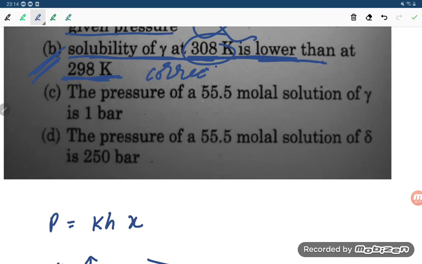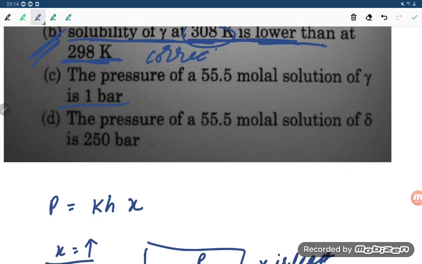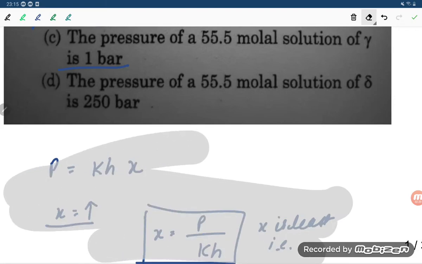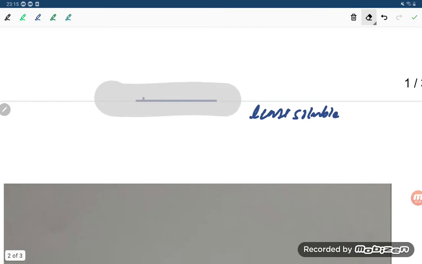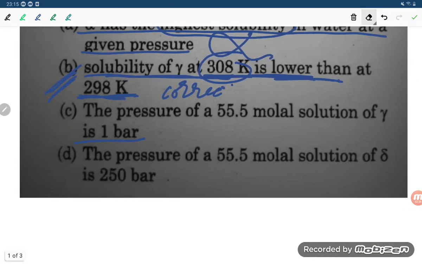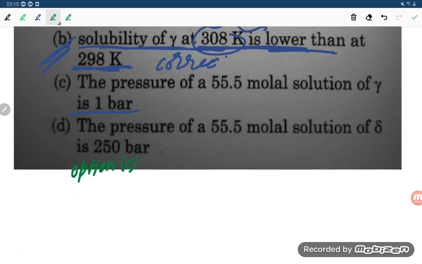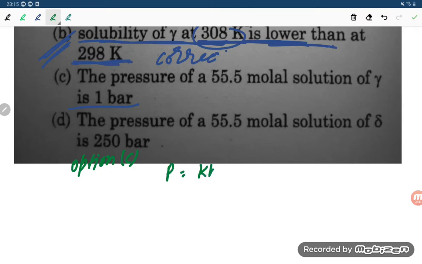The pressure of a 55.5 molar solution of gamma is 1 bar. Let us calculate for option number C. P is equal to KH X. They are saying 1 bar, and the gas is gamma.